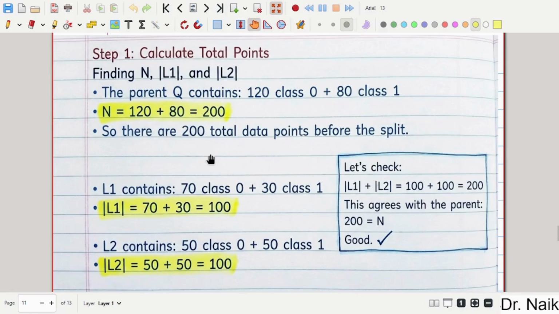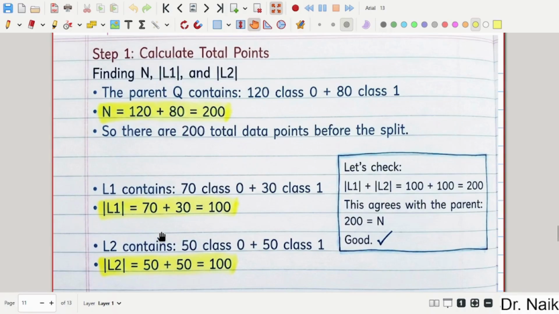Now calculate the number of points in child node L1. The data given in the question is 70 points belong to class 0 and 30 points belong to class 1. So the total number of points in L1 is 70 plus 30, which is 100.